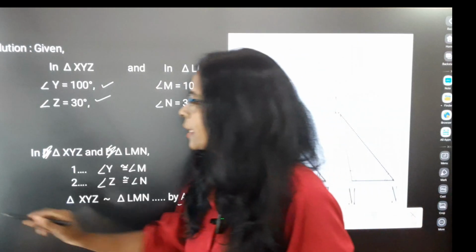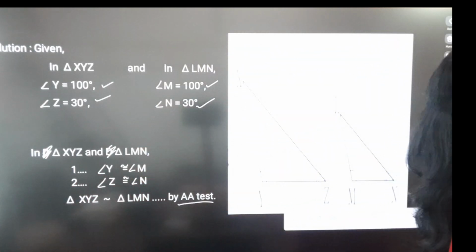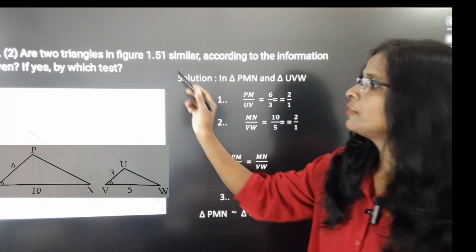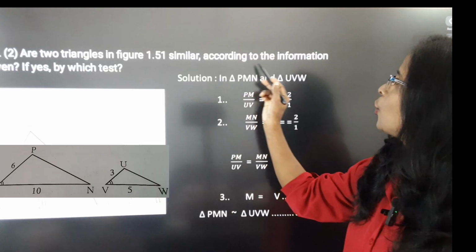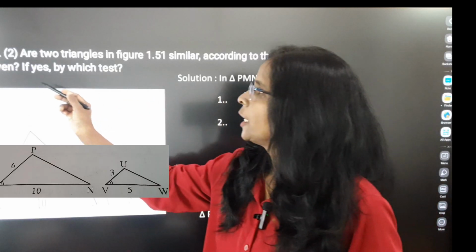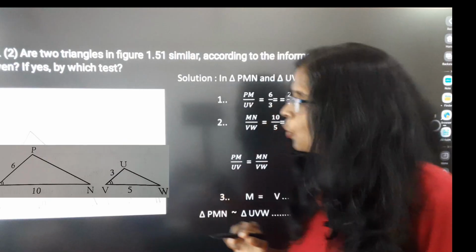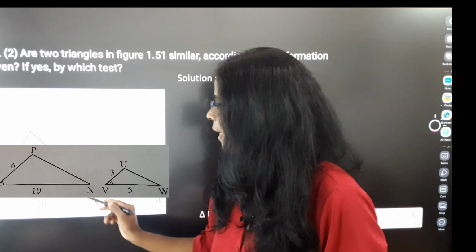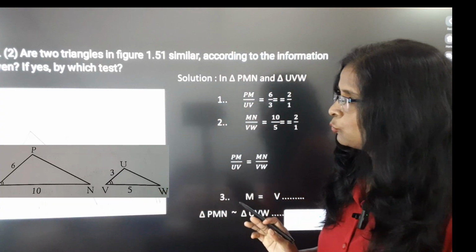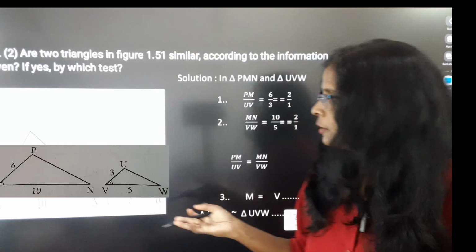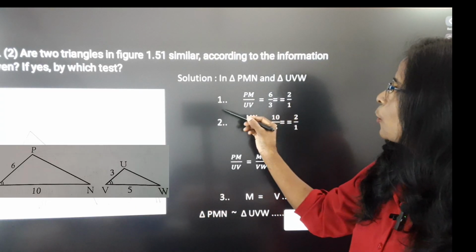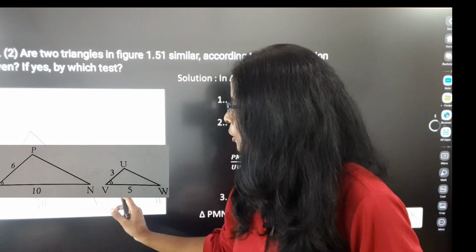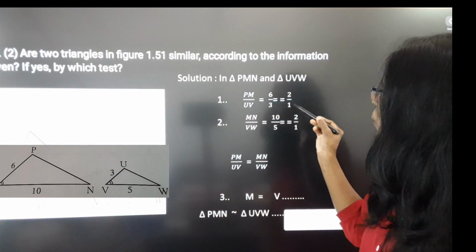Now see the next example. Are the two triangles in the figure similar according to the information given? If yes, by which test? The figure shows triangle PMN and triangle UVW, and the measurements are given. First, PM upon UV is equal to 6 upon 3, that is 2 upon 1.